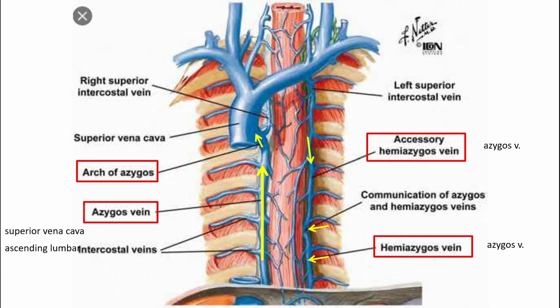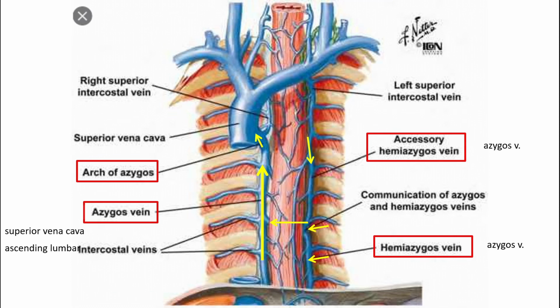Then we have this point marked by this arrow. This is where the hemiazygos vein ends, and it is going to communicate with the azygos.